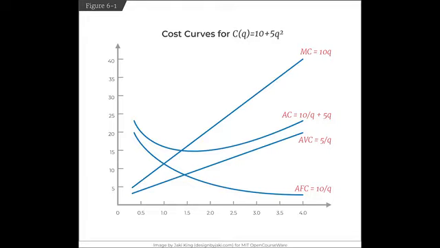You first pay off your fixed costs, so your average costs are falling. Then your marginal cost starts to rise because marginal costs increase with quantity produced. And critically, the marginal cost intersects the average cost curve at the minimum of average cost. And that's just mathematical.